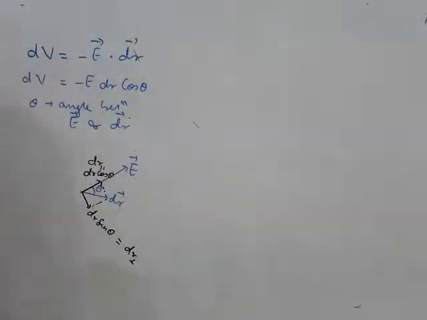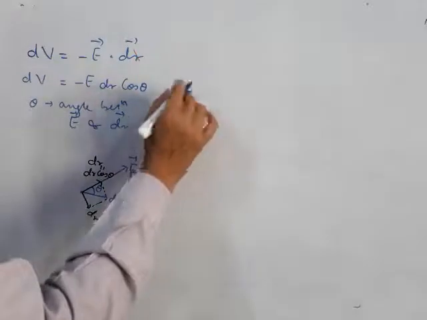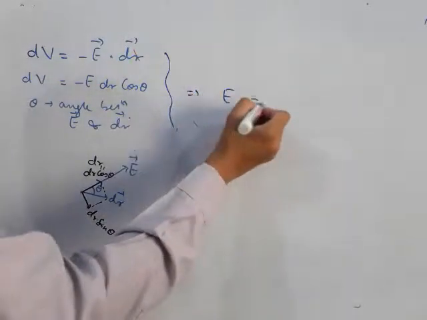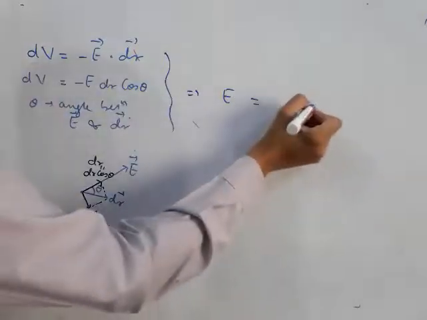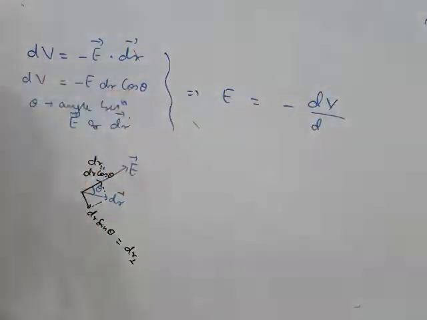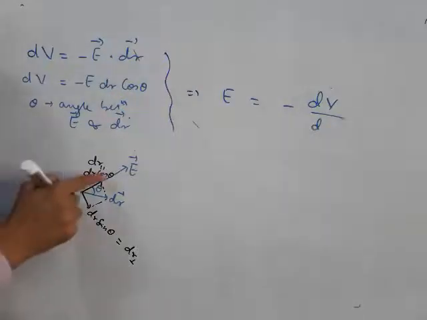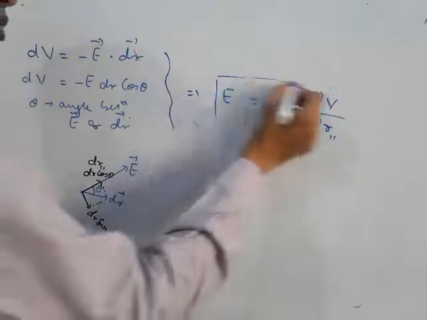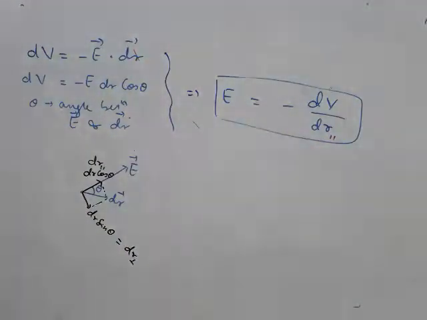So we can write from here E is equal to minus of dV upon dr cos theta. What is dr cos theta? Dr cos theta is nothing but dr parallel. So this is the relationship between electric field and potential.